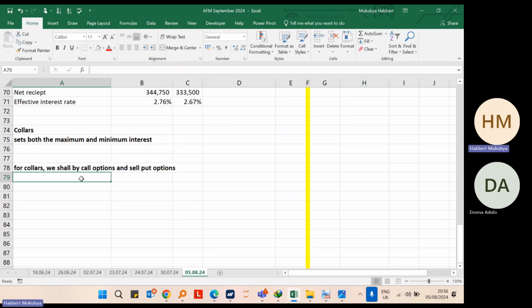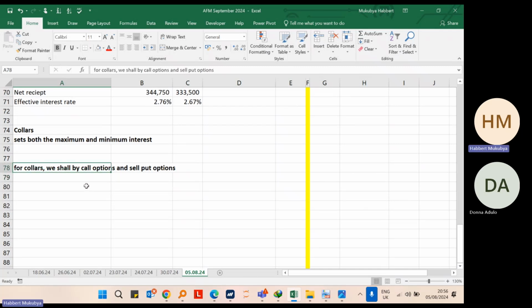If the first transaction we did was buying put options, then we should have also bought put options and sold call options. I beg your pardon, the first transaction we did here was to buy call options.